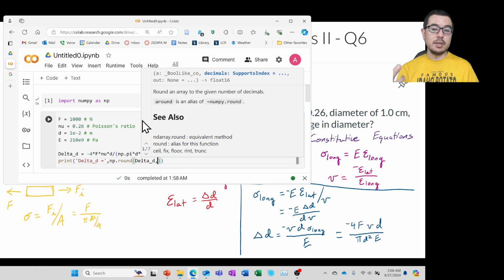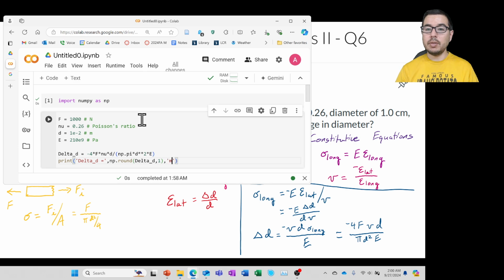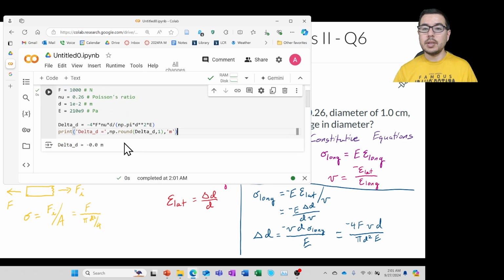Like if we just leave it in meters, I'm guessing it's just going to give us a 0 because it's such a small amount. Okay, so if I did like 10 digits, then it's starting to get us closer to something that makes sense.